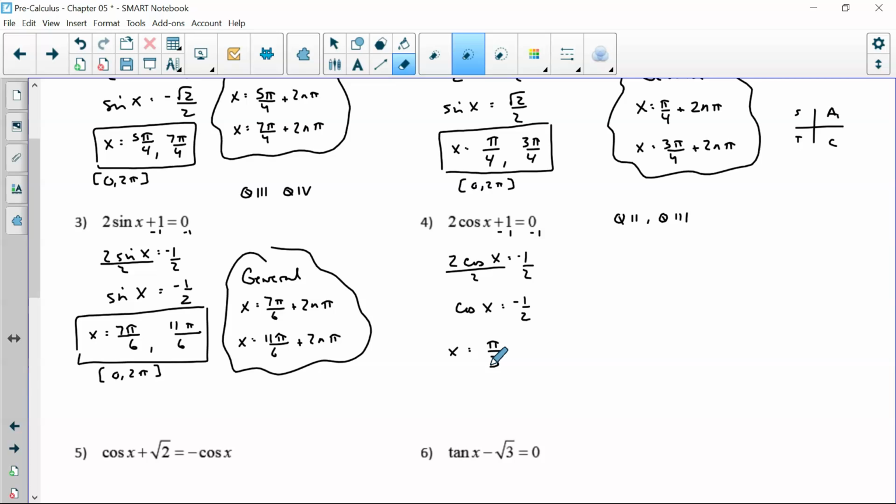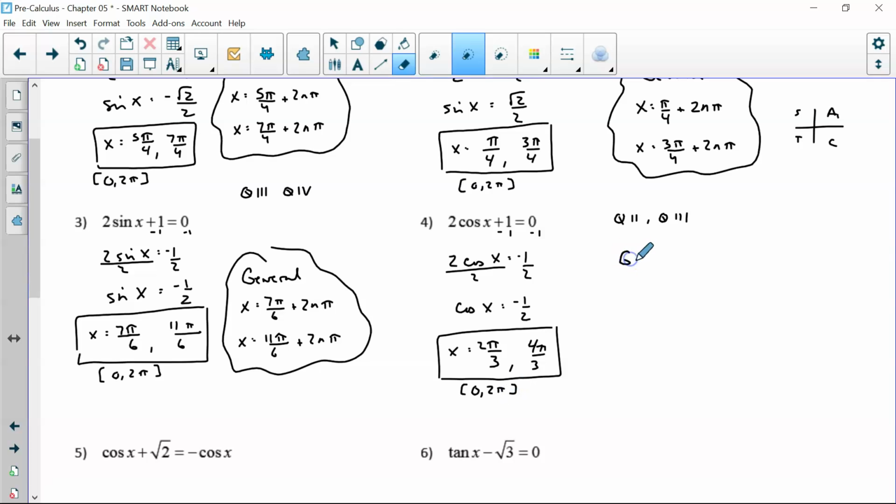Now to get myself into quadrant 2, a 2 pi over 3. To get myself into quadrant 3, it's a 4 pi over 3. There's our solutions from 0 to 2 pi in that first unit circle.